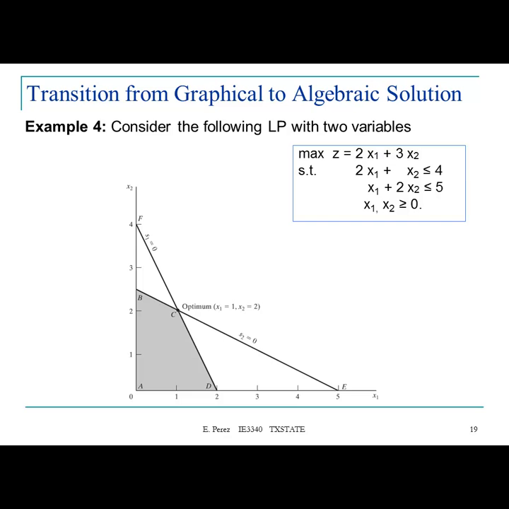So with the algebraic method, we're going to be finding these basic variables, and we're going to be moving from here to here and finding out if that is your optimal solution. Or we can also move from here to here and find out if that's your optimal solution. If that's not the case, then you can move from here to here. That's what we're going to do. We're going to be moving from point to point until we find the optimal solution.